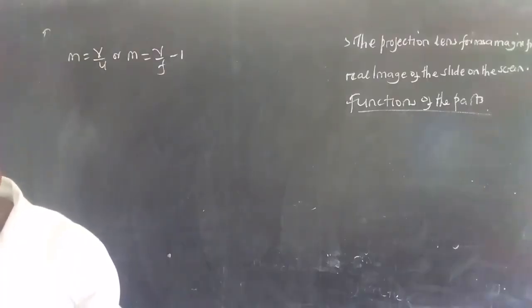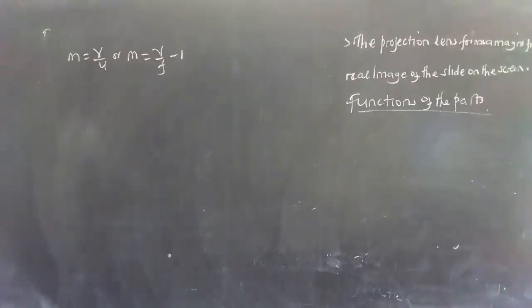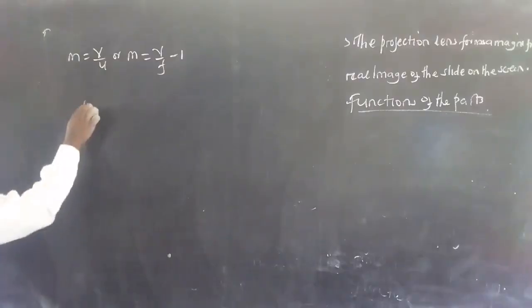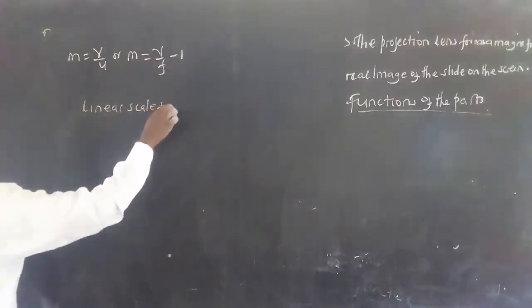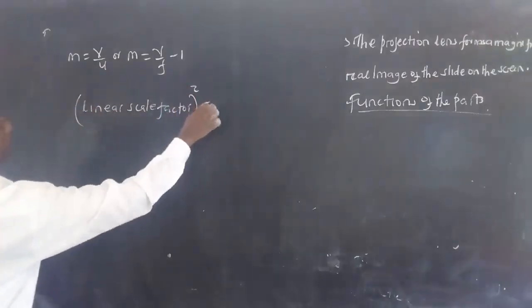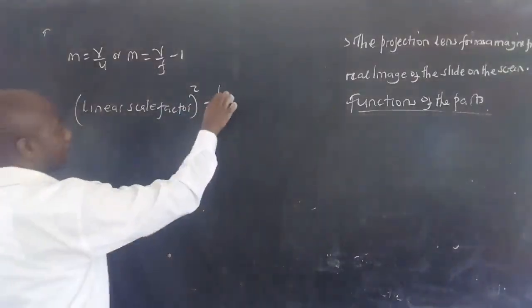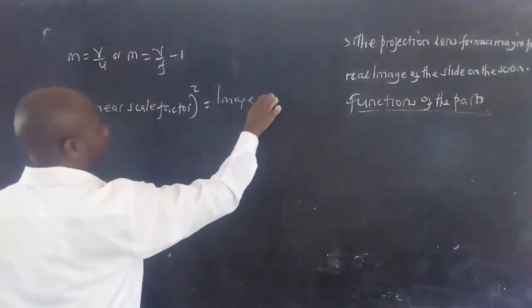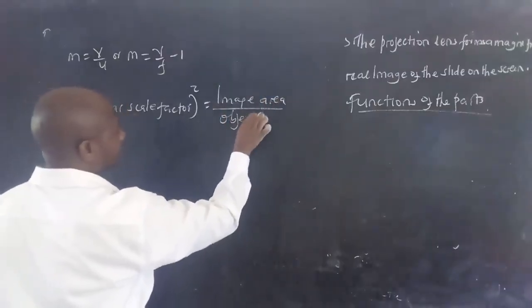Then we can say for any enlarged image, linear scale factor squared is equal to image area divided by object area.